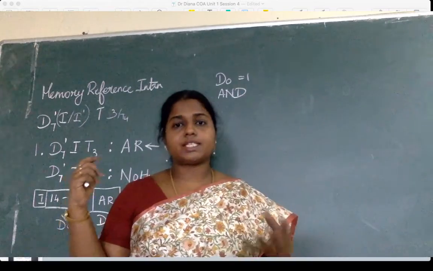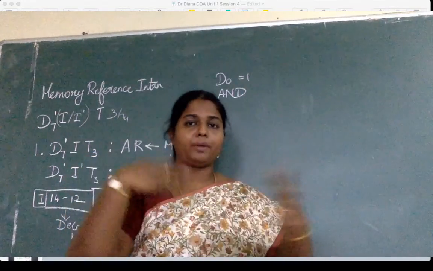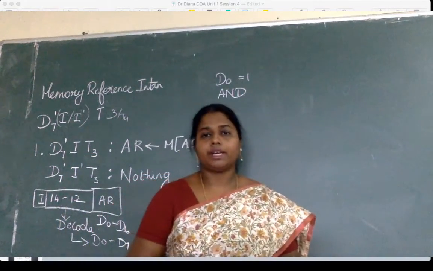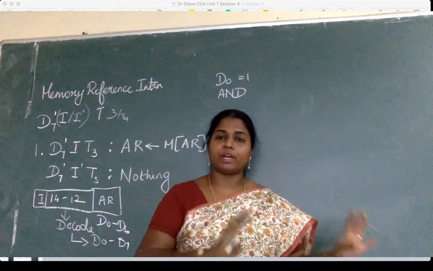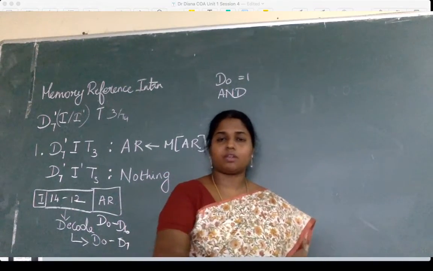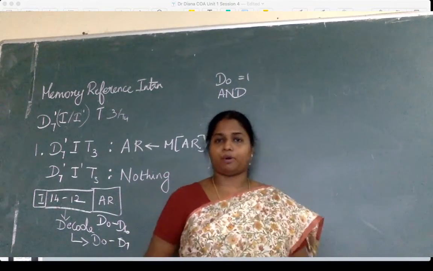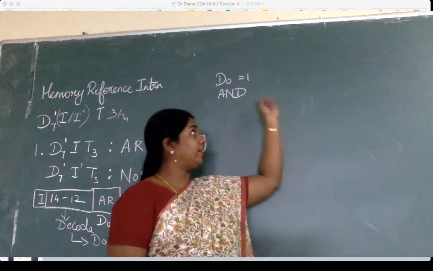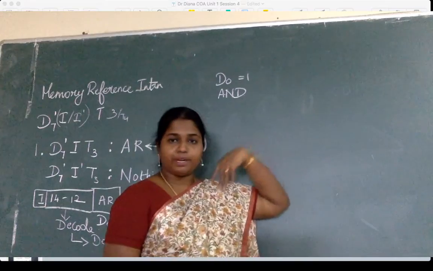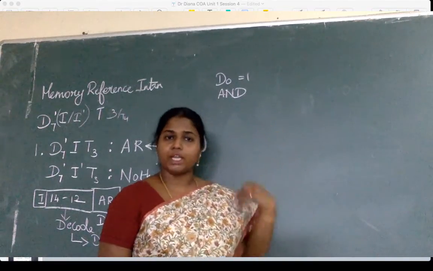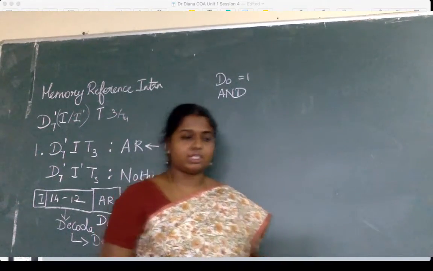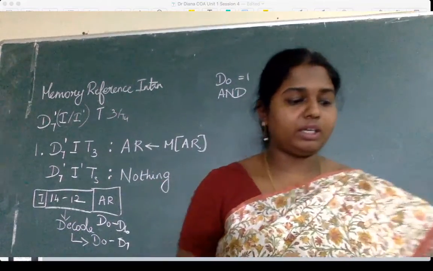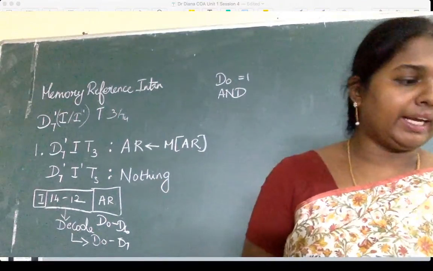Because I already said I cannot directly operate on data which is held in memory, I should bring it either to the data register or to the accumulator for any process. Because I am working along with the accumulator in the AND instruction, I cannot bring it to the accumulator. I have to bring it into some other register. For now, I will take the data register.